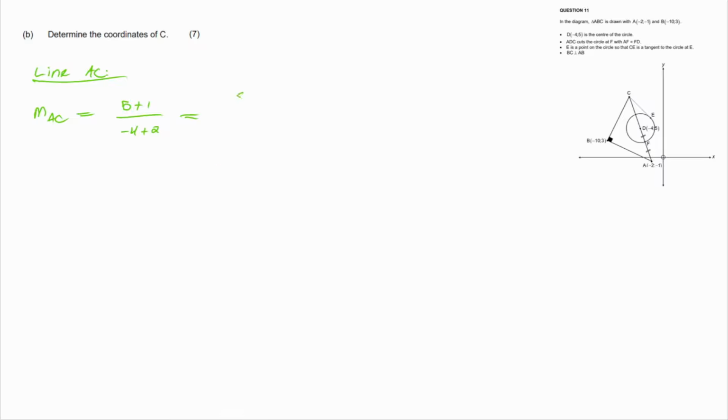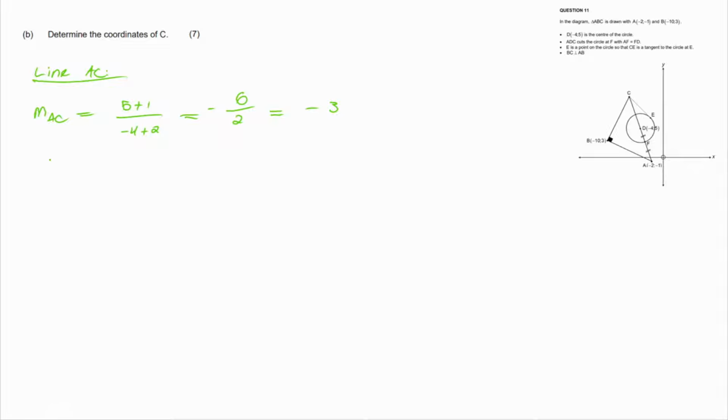So what do we get there? We get 6 over -2. That's just -3. That looks a bit off. No, that's right. So we have our gradient of AC.